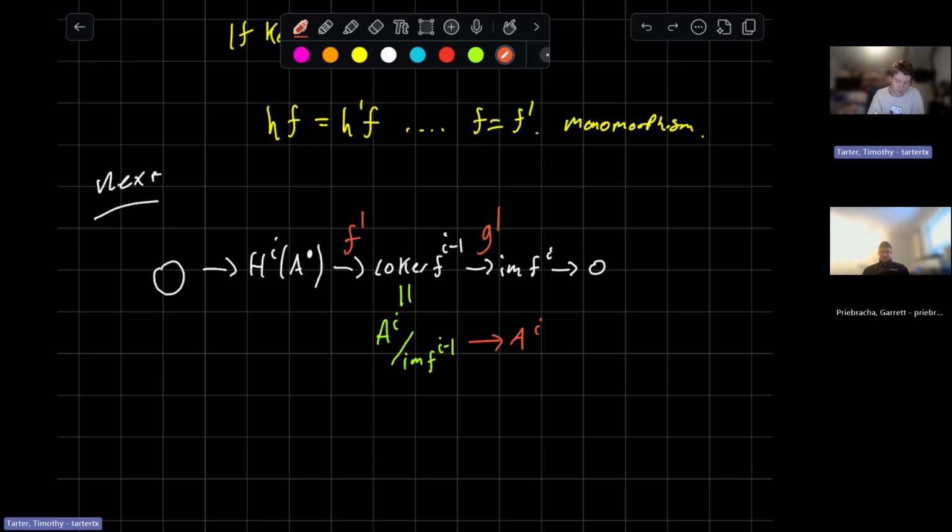Image of Fi maps into AI plus 1. There we go.